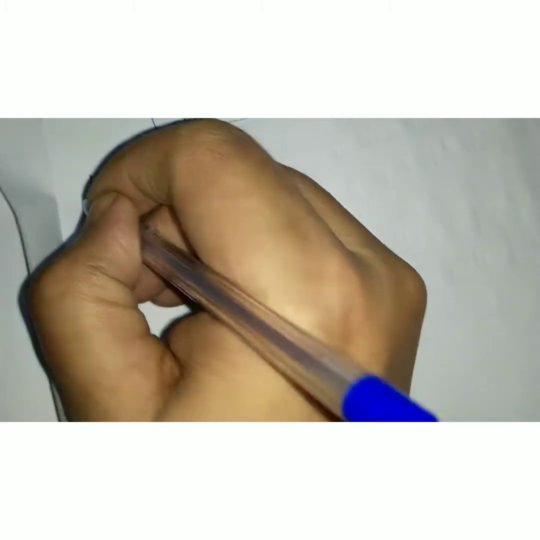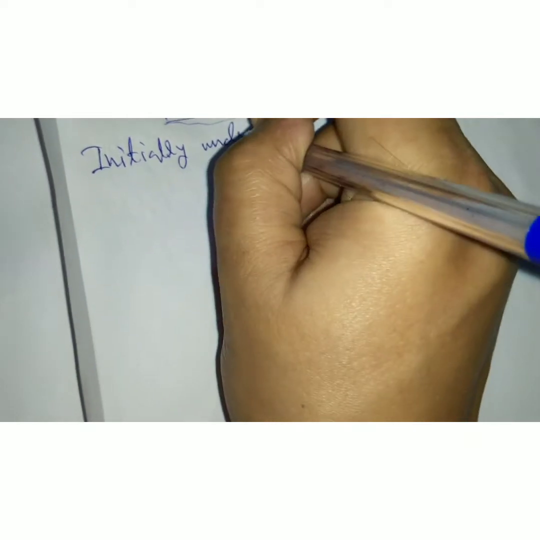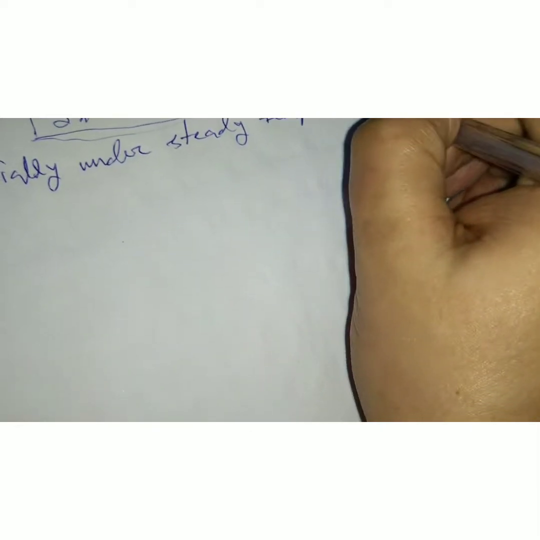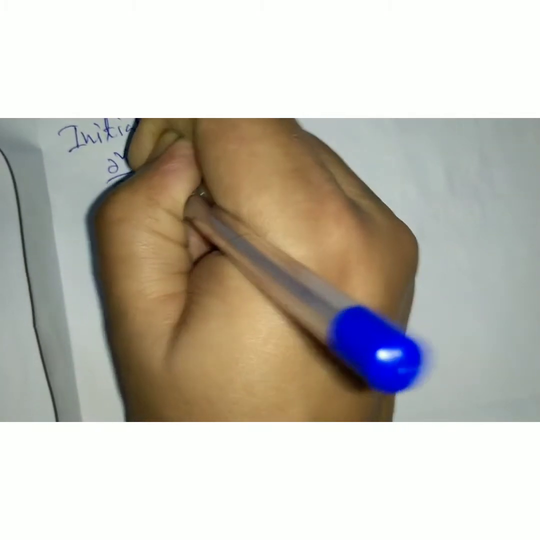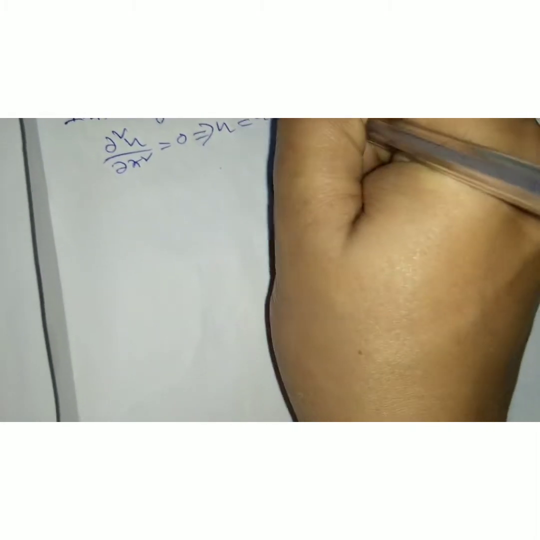Now another fact, that initially, under steady state conditions, we get del square u divided by del x square is equal to 0. That implies u is equal to ax plus b.